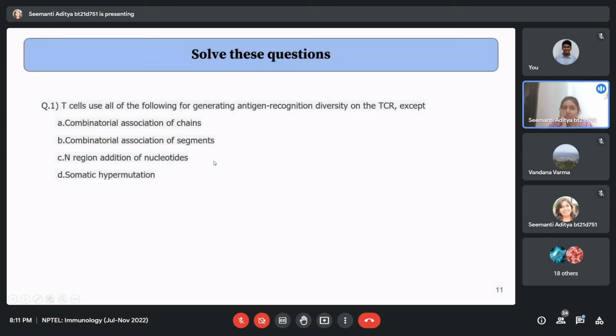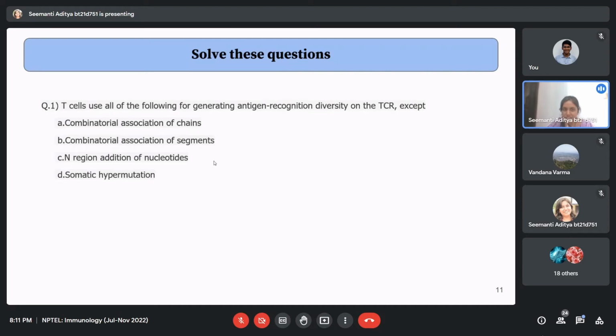Right. T cells use all of the following for generating antigen recognition diversity on the TCR: combinatorial association of chains, like alpha chain, beta chain, delta chain, etc., and also combinatorial association of VDJ segments.